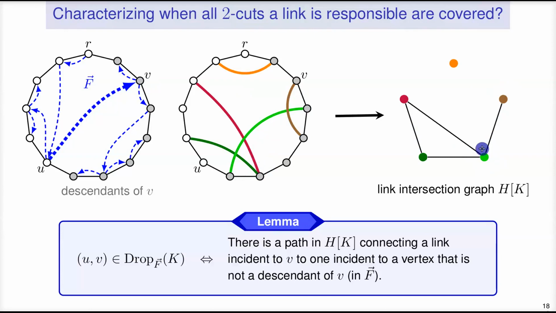If you rephrase it in that graph, it means that you need to have a path from one link for which one of the endpoints is V to one link, say for example the red one, where one of the endpoints is not a descendant of V. And if this happens, you can drop the corresponding directed link, and otherwise you can't.